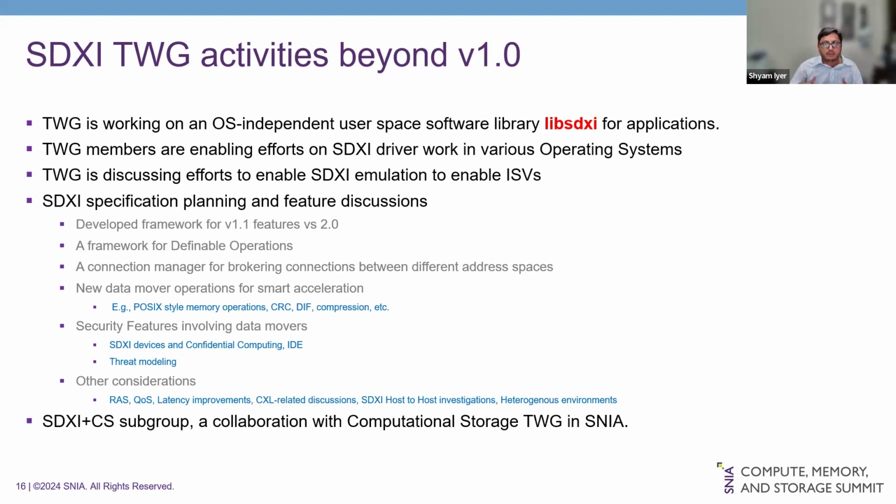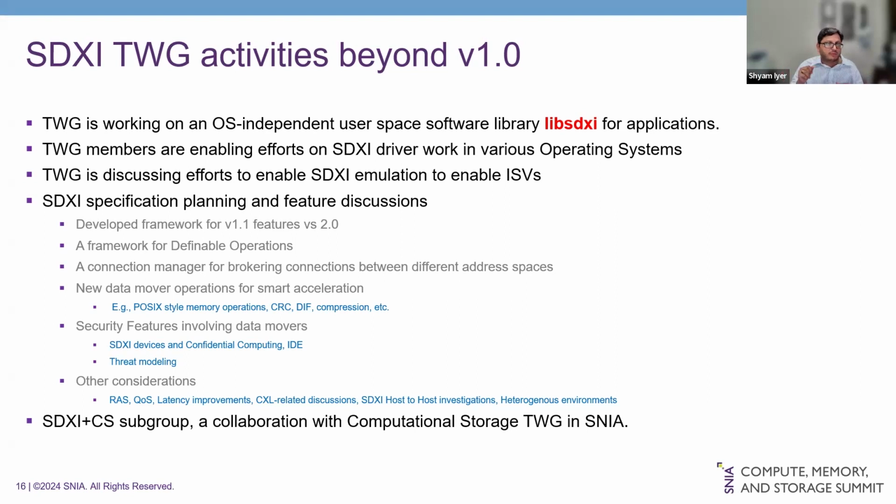We have been, as a working group, planning feature discussions around what should go into 1.1 and what should go into a planned 2.0 version of the feature specification as well. So you can think that the working group is thinking ahead and planning for features that can be easily incorporated into 1.1 and looking for much bigger or more complex features and planning them for a version 2.0 of the specification.